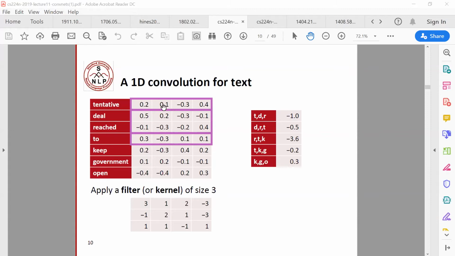But then you have to do the second filter, 1 times 0.1, 2 times 0.2, 1 times minus 0.3, and add those together, and that gives you another number. And then you do this and this, that gives you a third number. This over this gives you a fourth number. Add all of those 4 numbers together, and you get this. So that's how this thing works.